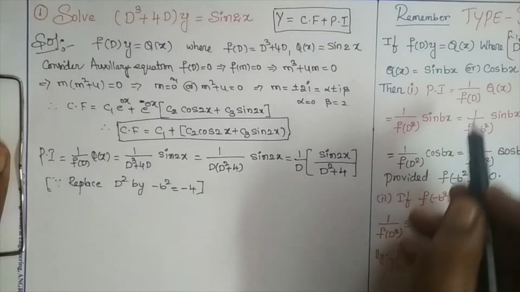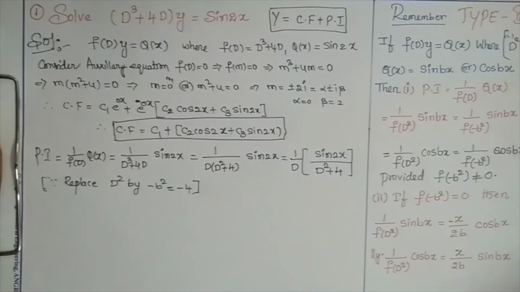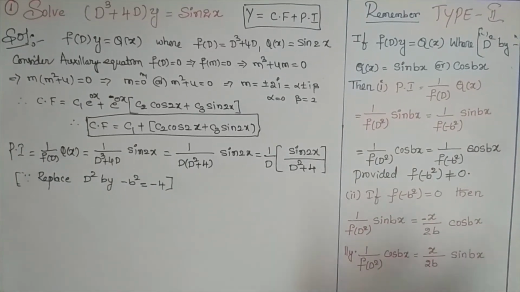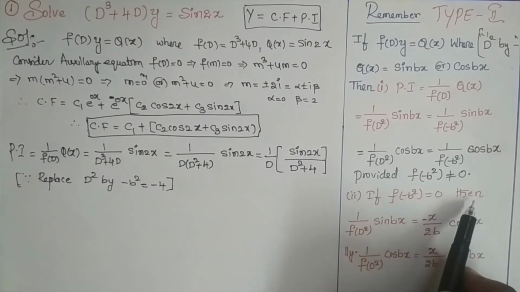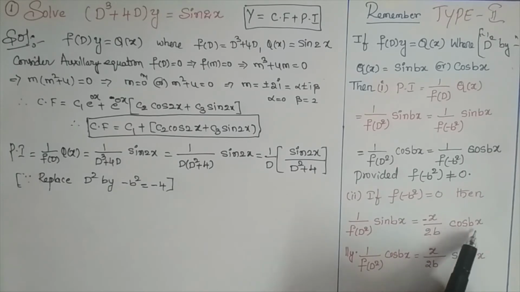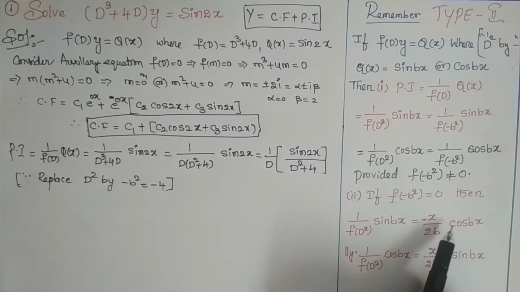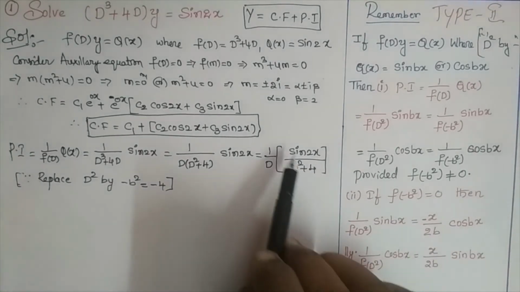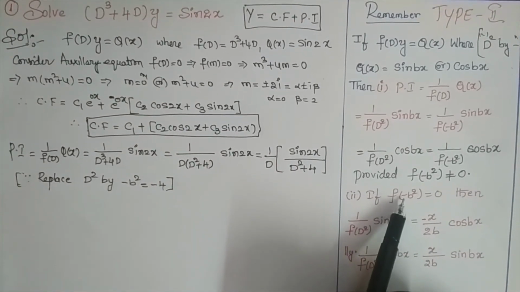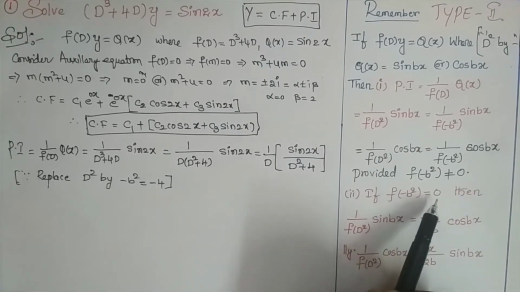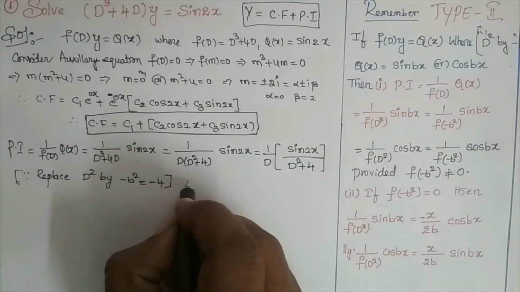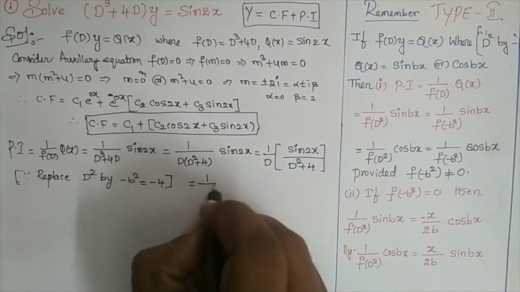So case number 1 is a failure, and we will go for the second case. f of minus b square is 0. Then 1 by f of D square sin bx is equal to minus x by 2b cos bx. We can write this formula. After substituting, f of minus b square is 0, so we can use this formula.